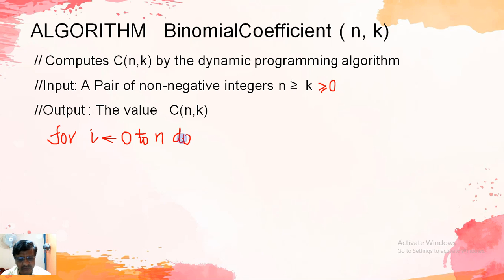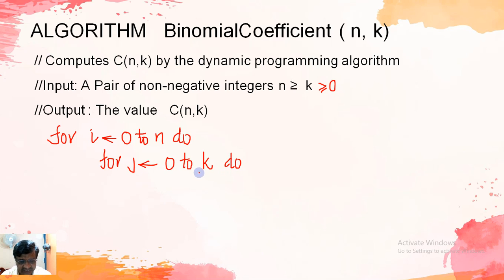This is the first for loop, which will generate the rows up till n, and for j equal to 0 to, because C0 is possible, to k, it can go up to k, do.